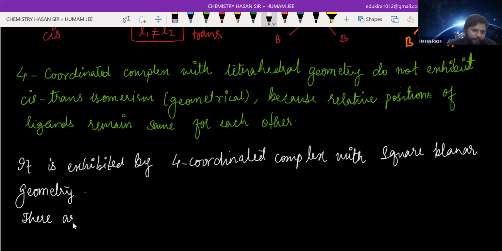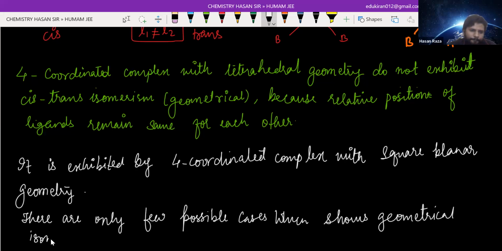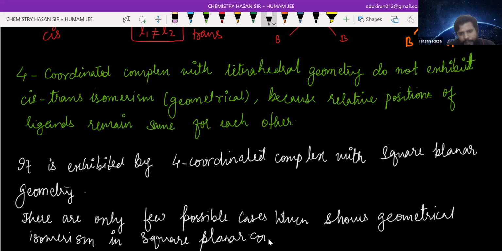There are only a few possible cases which show geometrical isomers in a square planar complex. Write it. I will write the cases, then we will discuss that.